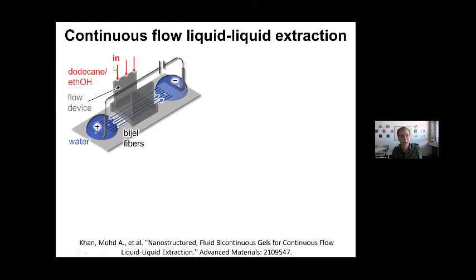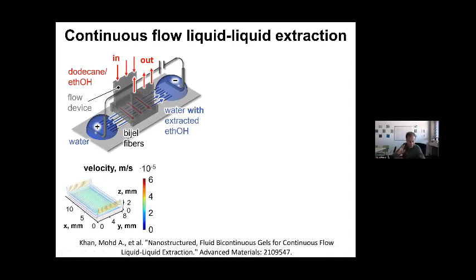We let oil, dodecane, with alcohol flow in, and then it will flow over the fibers, and the remainder of the dodecane with alcohol comes out. And along the way, the alcohol goes from the dodecane into the water of the fibers. It is being extracted by the fibers. So the goal is to collect the ethanol in this water reservoir because electroosmosis has transported it from one side to the other during the extraction process.